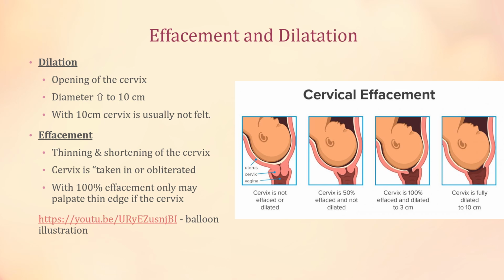And once we get to 100% effaced, 100% thin, then we call that tissue paper thin, because you can be 100% thin, 100% effaced, but only, say, 6 centimeters dilated. And you have to find the edge of that cervix, and it literally feels like a tissue paper edge, and it's very, very thin, but 100% thinned out. That's as thin as it's going to get until it dilates completely and you can't feel it at all.